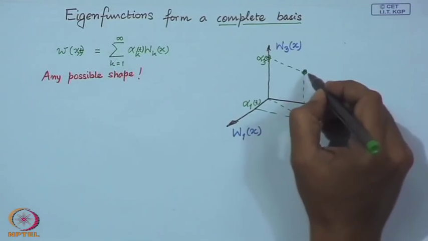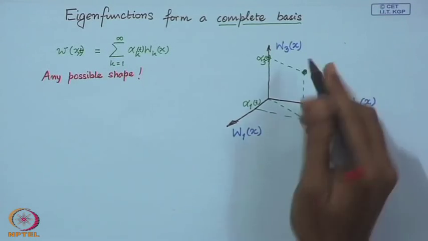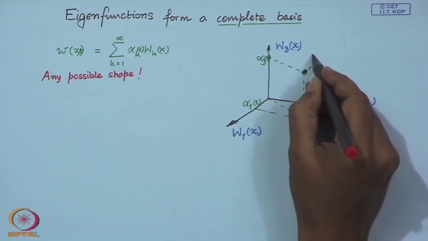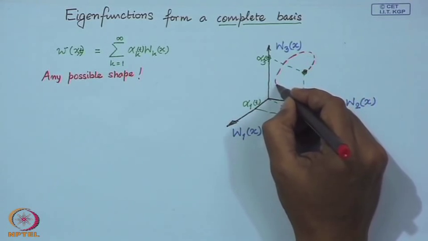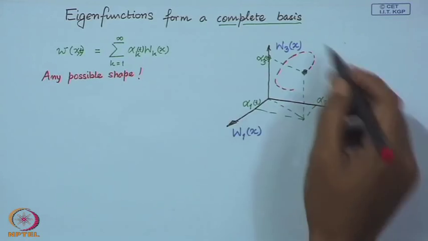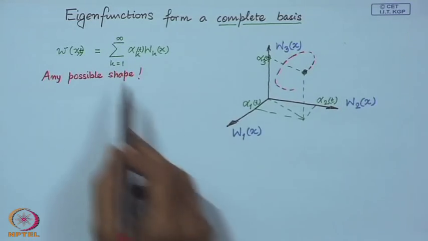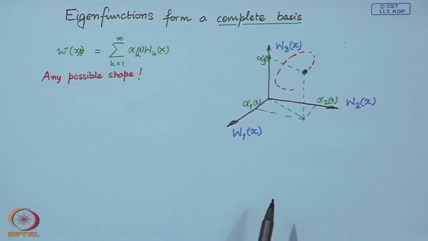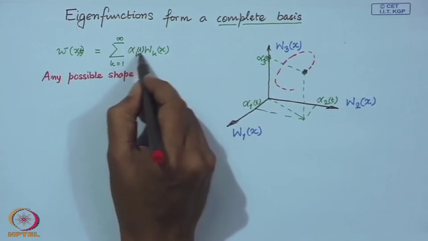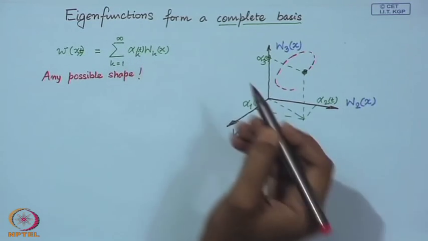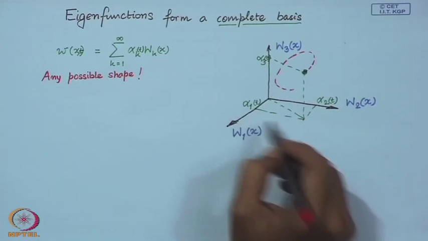In that case the motion of this point in this space may be represented through this expansion, where now these alpha k's are functions of time.